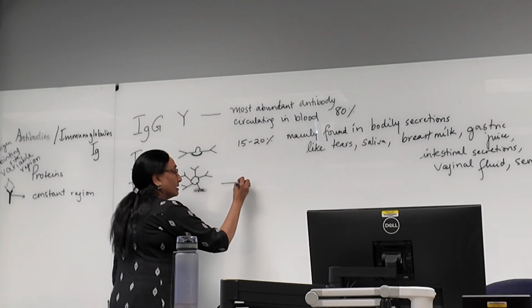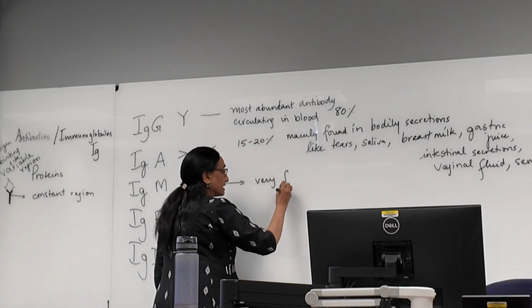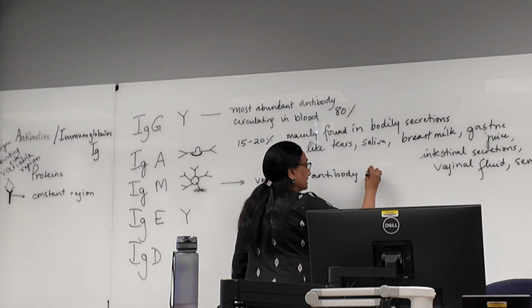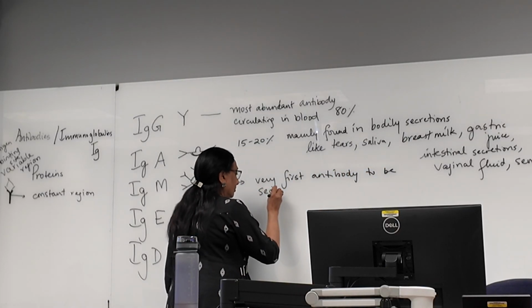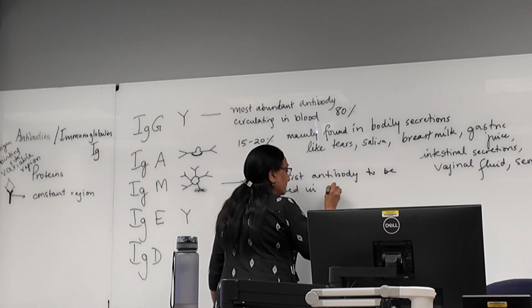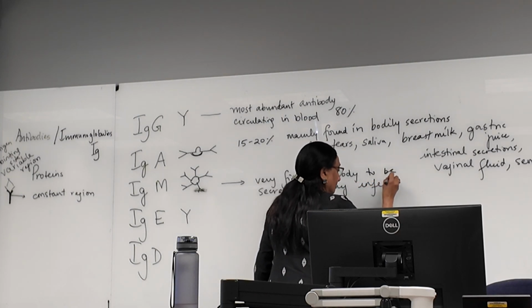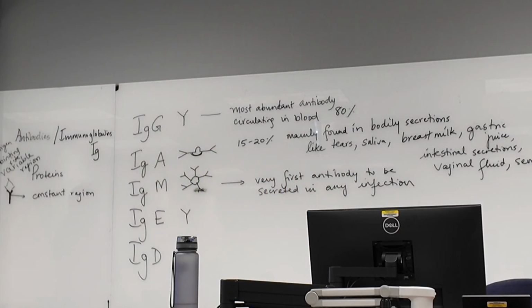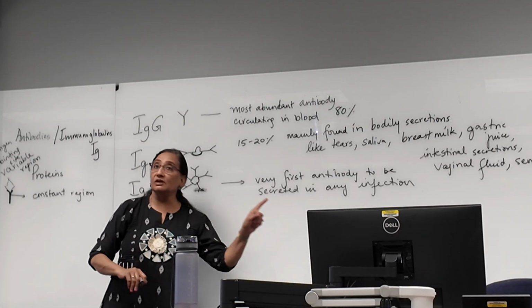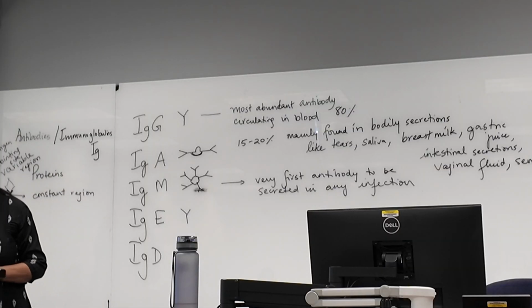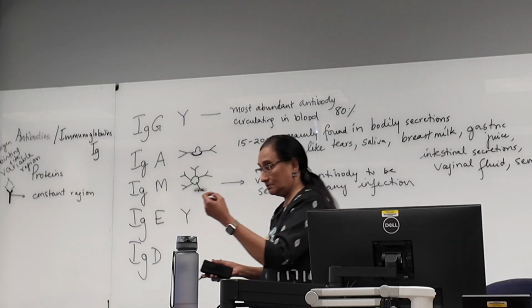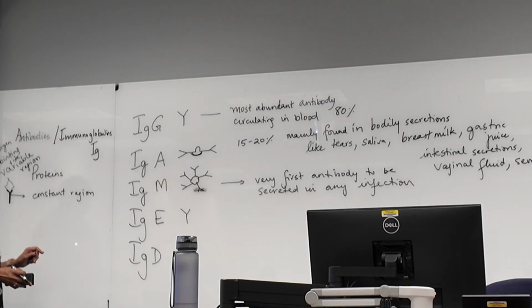IgM is the very first antibody to be secreted in any infection. In any infection, before the correct antibody is secreted, the first antibody that comes out in the circulation is IgM. So suppose I'm drawing blood from someone and I do an antibody analysis.